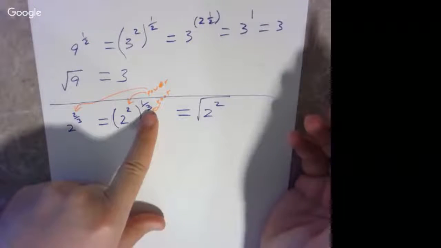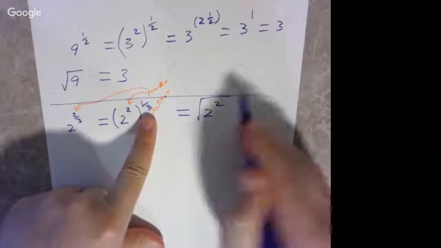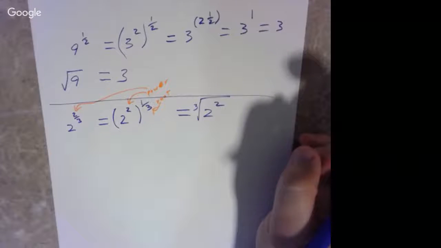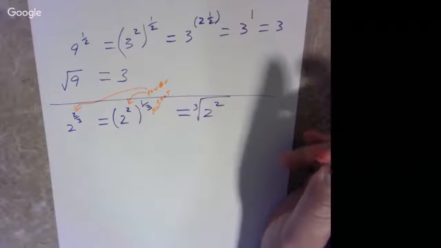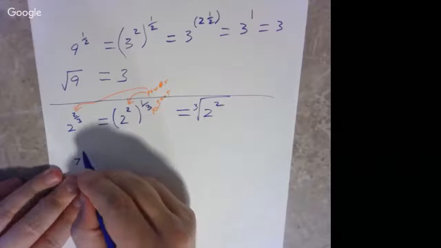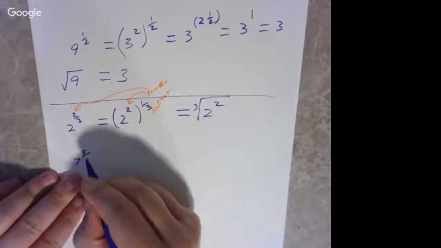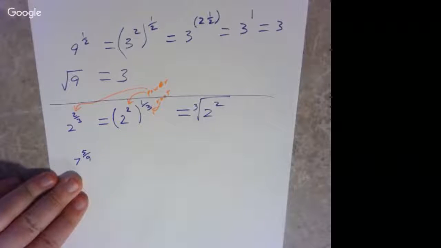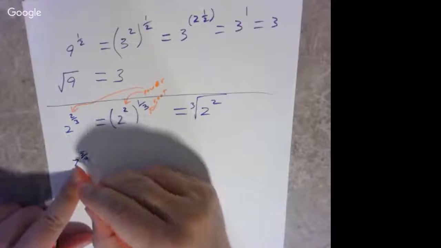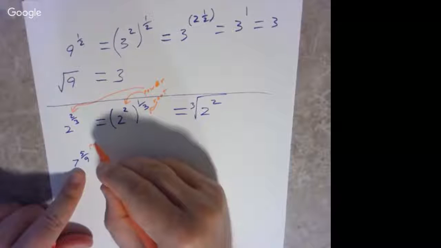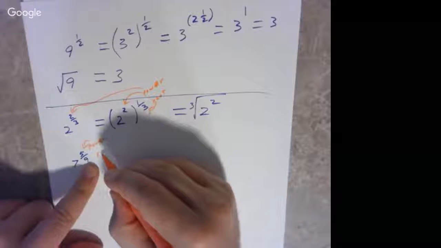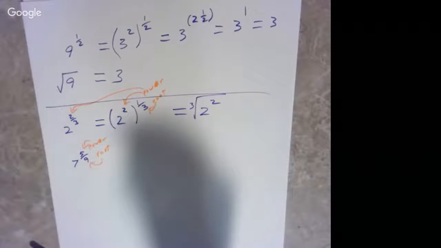If you put something to the 1/3 power, that's like saying we want the third root, or the cube root. And you're probably seeing a pattern emerge. What if we did something else, like 7 to the 5/9? Again, the power that we're used to seeing is going to be 7 to the 5th. So that's the power. And the root of the radical is going to be the 9.